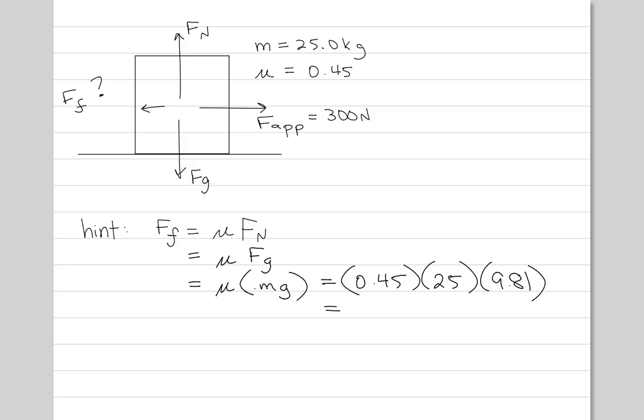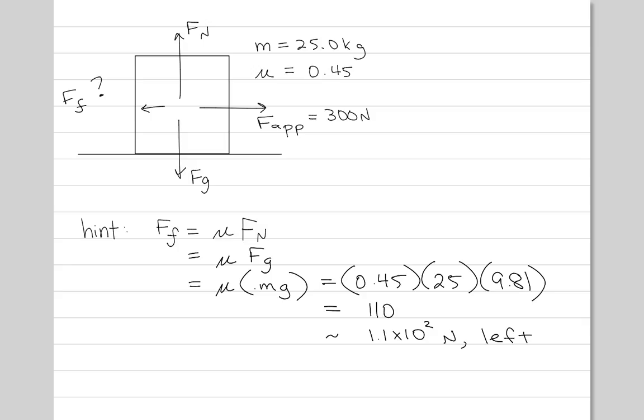And you get the force of friction here. 0.45 times 25 times 9.81, got 110. Is that 3 sig digs? 2 sig digs. So 1.1 times 10 to the 2 newtons left.